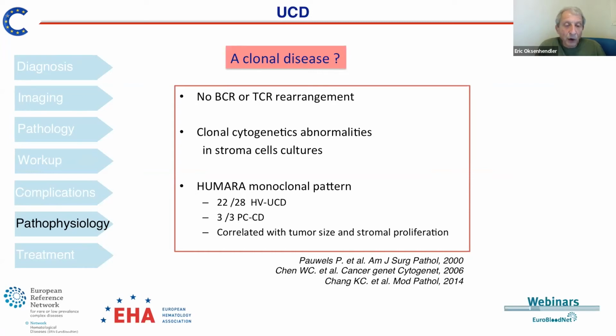But still, we have clonal cytogenetic abnormalities in stromal cell cultures. And we also have evidence for clonality when we use the HUMARA technique that could be performed on non-lymphoid cells. And as you can see, the vast majority of the patients with UCD were shown to have a monoclonal cellular proliferation. And this was correlated with the tumor size and the stromal proliferation.